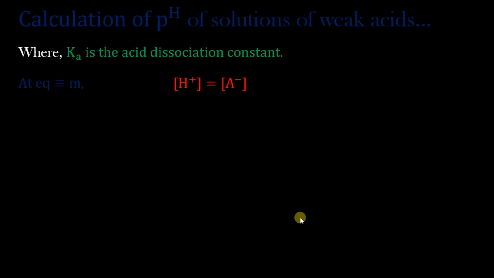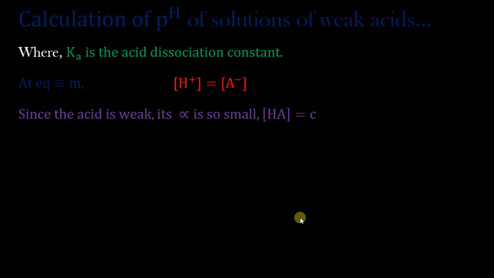They are all being produced in the ratio of 1 to 1. The second assumption is that since the acid is weak, its degree of dissociation is so small that the concentration of the acid almost remains constant at equilibrium.